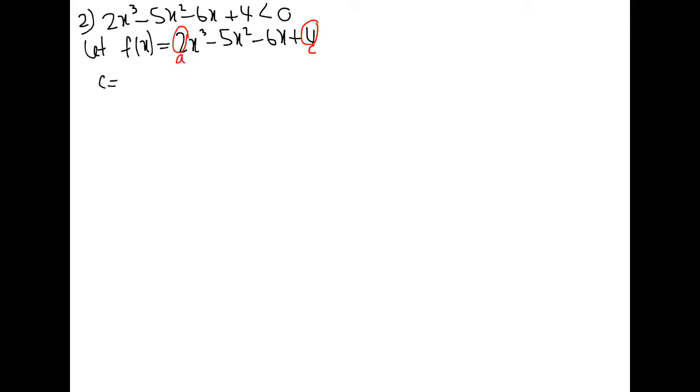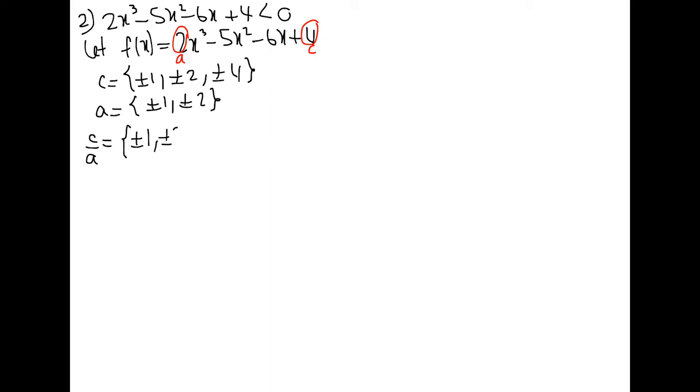So, all the possible factors of 4 are plus or minus 1, plus or minus 2, and plus or minus 4. As for a, they're plus or minus 1 and plus or minus 2. Now, c over a, all the possible rational zeros are in fact all the factors of c divided by all the factors of a. So all the factors of c divided by 1, we get the factors as they are, and then all the factors of c divided by 2, which is the second factor of a.